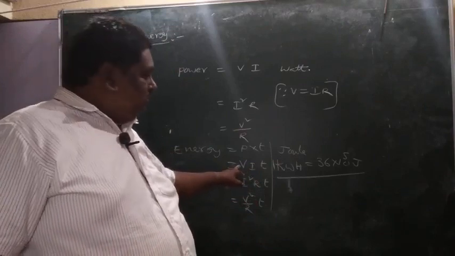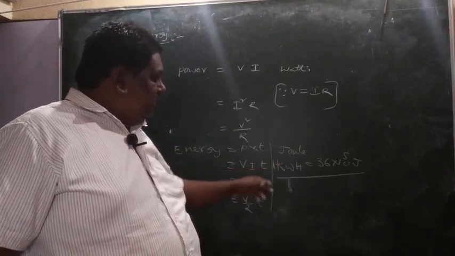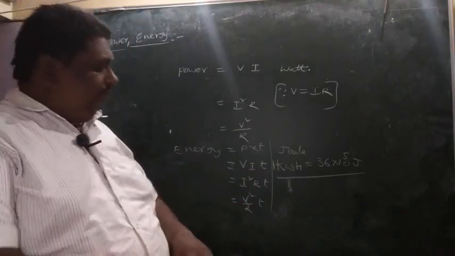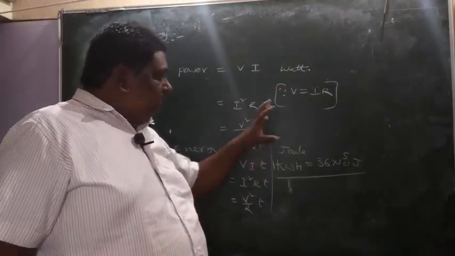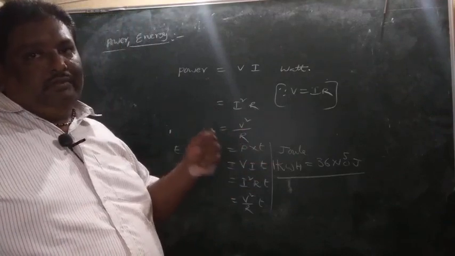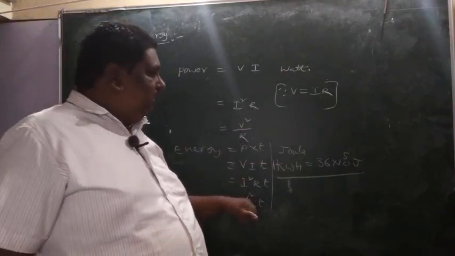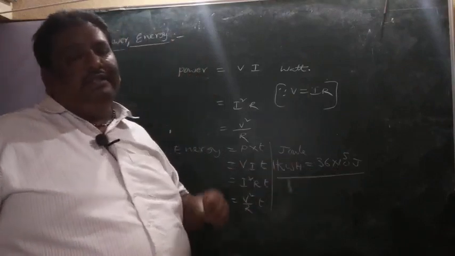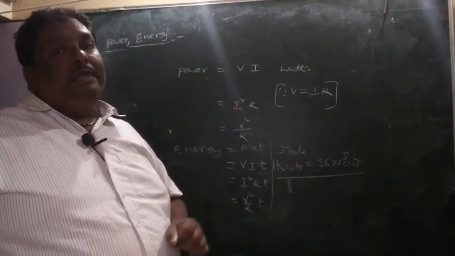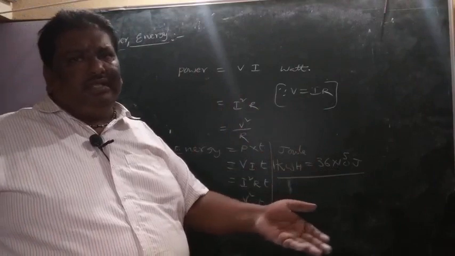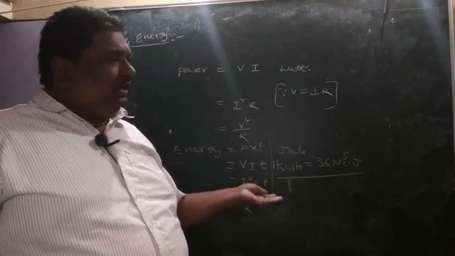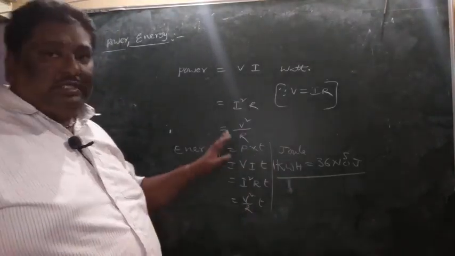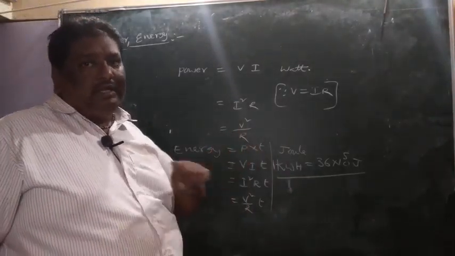Voltage 220 volts. How much current is it taking? Or I square R or V square by R, etc. Whichever formula we apply, we calculate the total joules it is consuming, then divide by 36 into 10 power 5, then you will get how many units. 1 unit is 6 rupees or 5 rupees, some rate is present. According to that we will pay monthly. Such model problems come, I shall explain at that time.